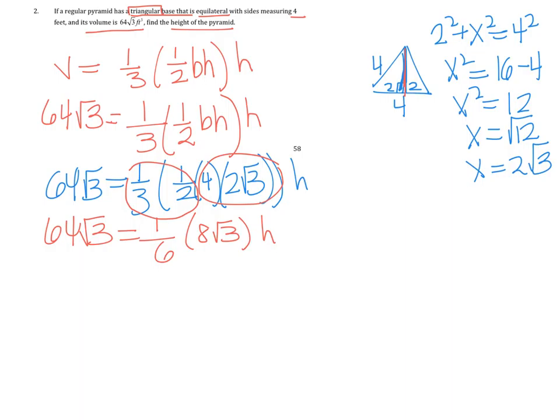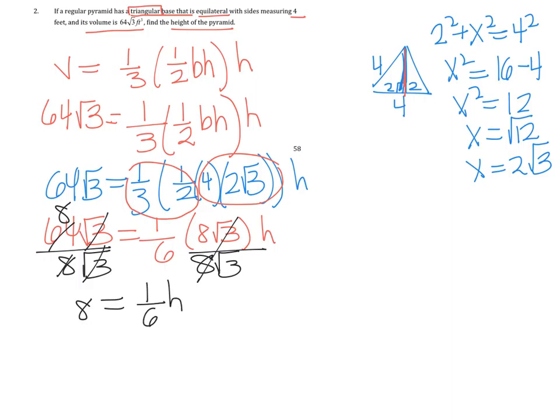I'm going to divide out 8 radical 3. So radical 3's cancel out, and 8 goes into 64 8 times. That's equal to 1/6 times h. Cross multiply, and we get 48 is equal to h. Hence, we've solved for the height of the pyramid.